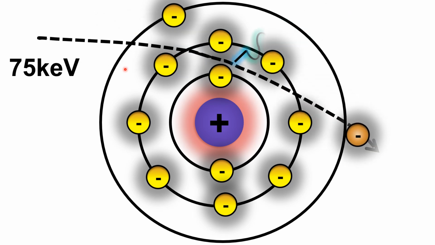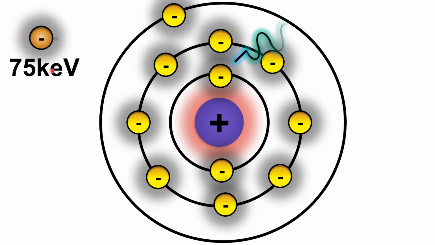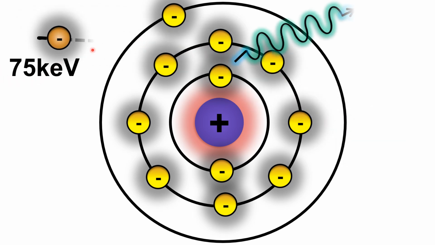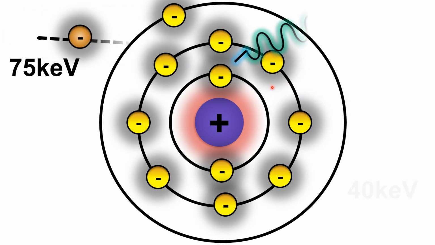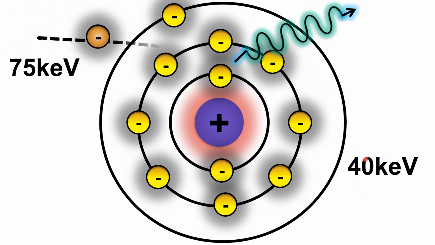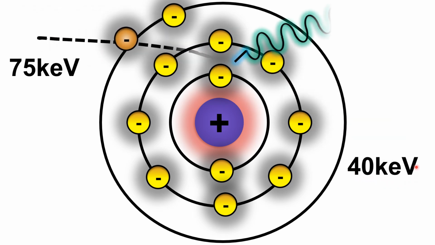Here, the initial kinetic energy of the electron is around 75 kilo electron volt, and when the stream of electrons passes near the nucleus, there will be a higher decrease in the kinetic energy of the electron. The decrease may be around 40 kilo electron volt.